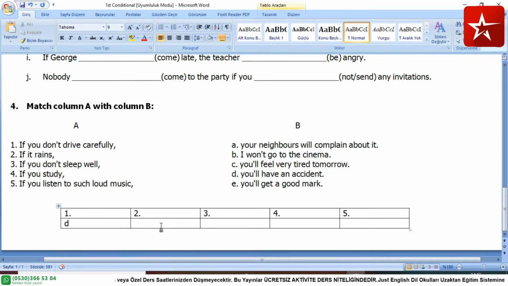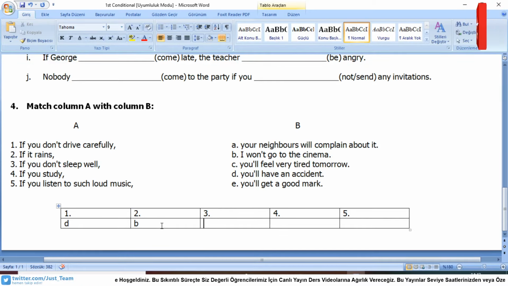Okay, number two, if it rains. Number two is, who says E? No, you will get a good mark. Of course not. If it rains, yes, I won't go to the cinema. B is correct.